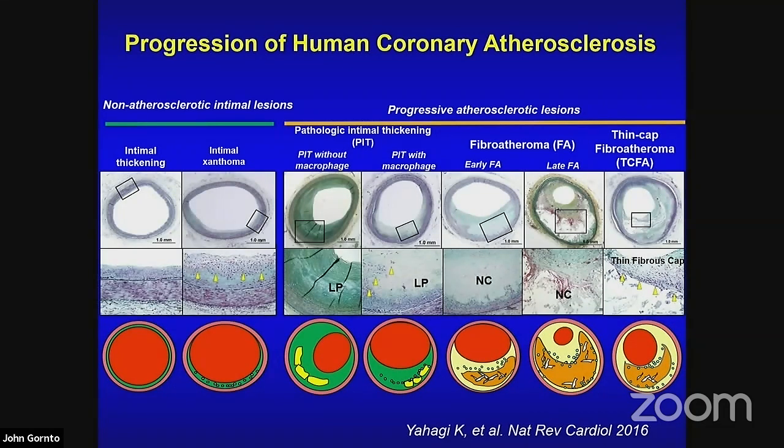Then, of course, there's a stage of thin cap fibroatheroma, which used to be known as vulnerable plaque, till we defined it, that it has to have a thin cap, it has to be infiltrated by macrophages, and it must have an underlying necrotic core. That is what constitutes a thin cap fibroatheroma or a vulnerable plaque.